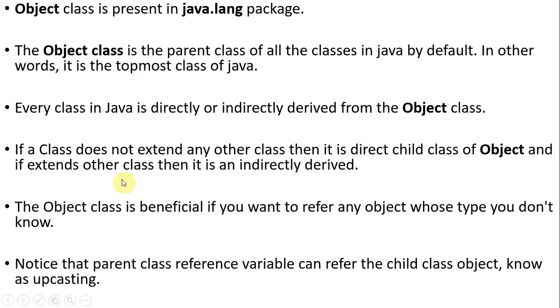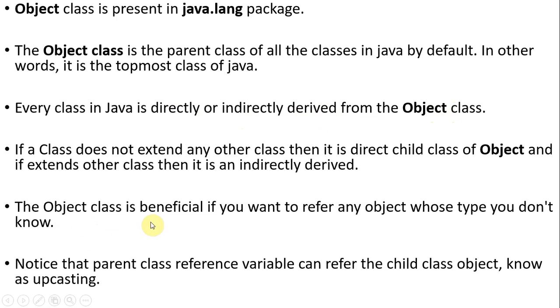If a class is extended by some other class, then it is an indirect child of the Object class. So every class in Java is directly or indirectly derived from the Object class, that means a direct child or an indirect child.